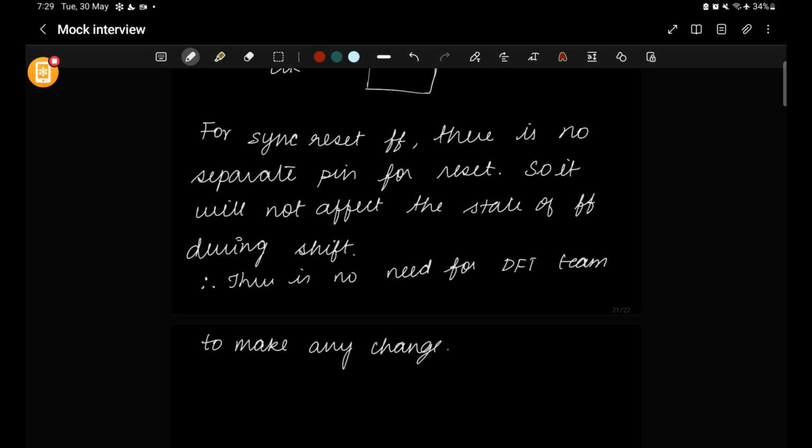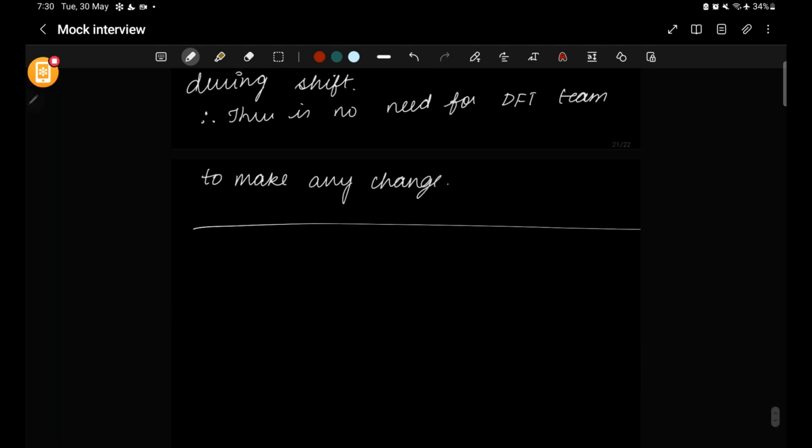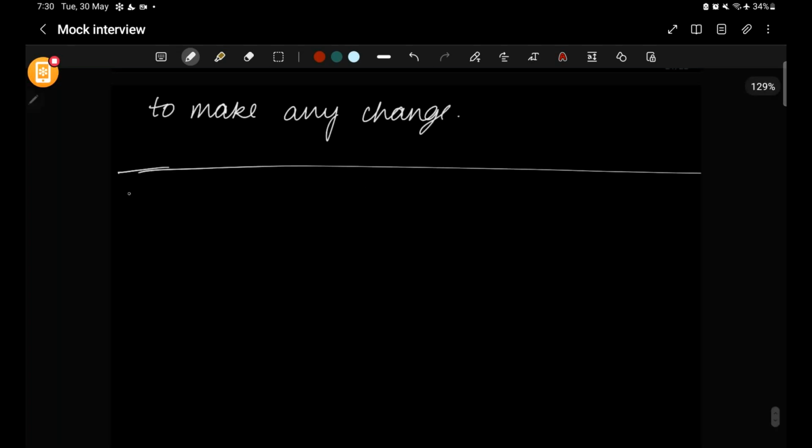So next, you can take one AND gate and tell what patterns will detect all the transition faults in an AND gate. You can take all nets.